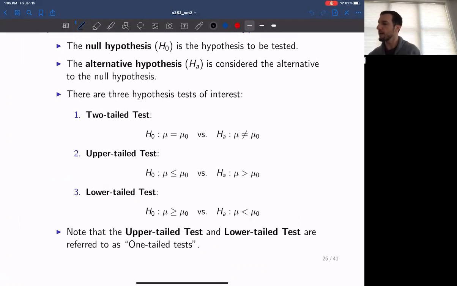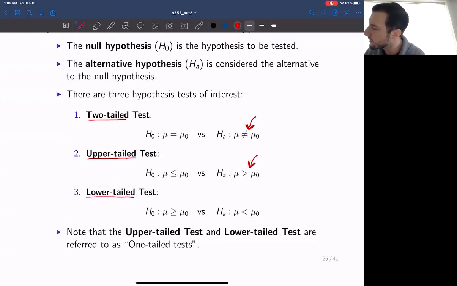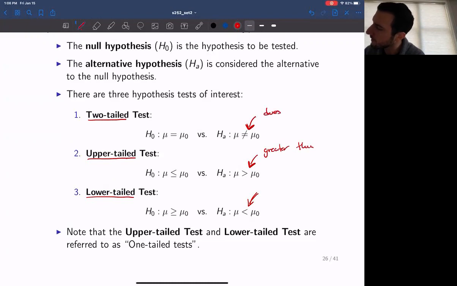So you will notice that in the case of the two-tailed test, we have the does not equal sign in the alternative. In the case of the upper-tailed test, we have the greater than sign in the alternative. And in the case of the lower-tailed test, we have the less than sign in the alternative.